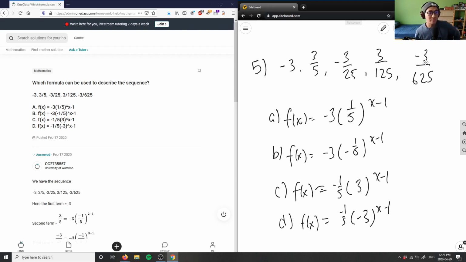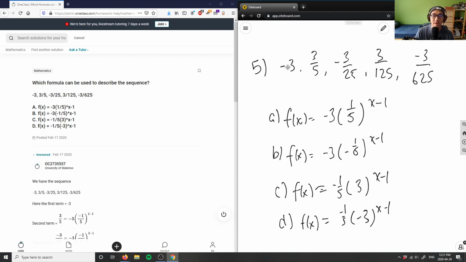As you can see, it's negative, positive, negative, positive, negative, which means my signs are changing. Therefore, it has to include some type of negative number in my solution here. And all of these contain a negative solution, which is great. What it also contains, as you can see, is that the denominators are increasing by a factor of 5.